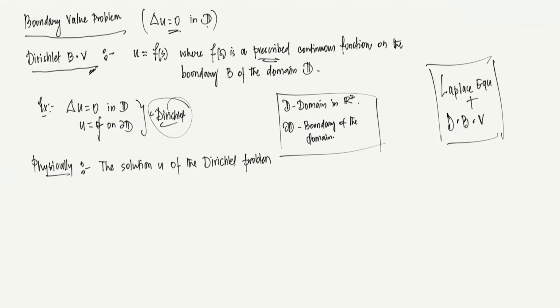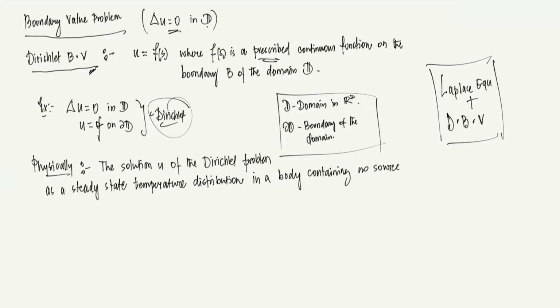So a solution u of a Dirichlet problem is a steady state temperature distribution in a body containing no source or sink, with the temperature prescribed at all points on the boundary. I will explain what I mean by source or sink.